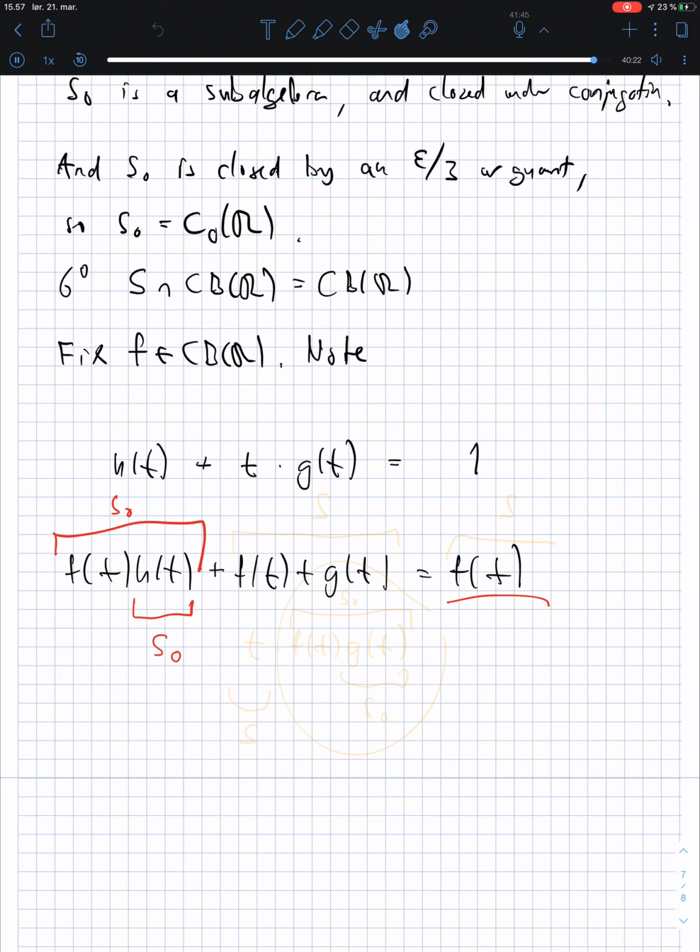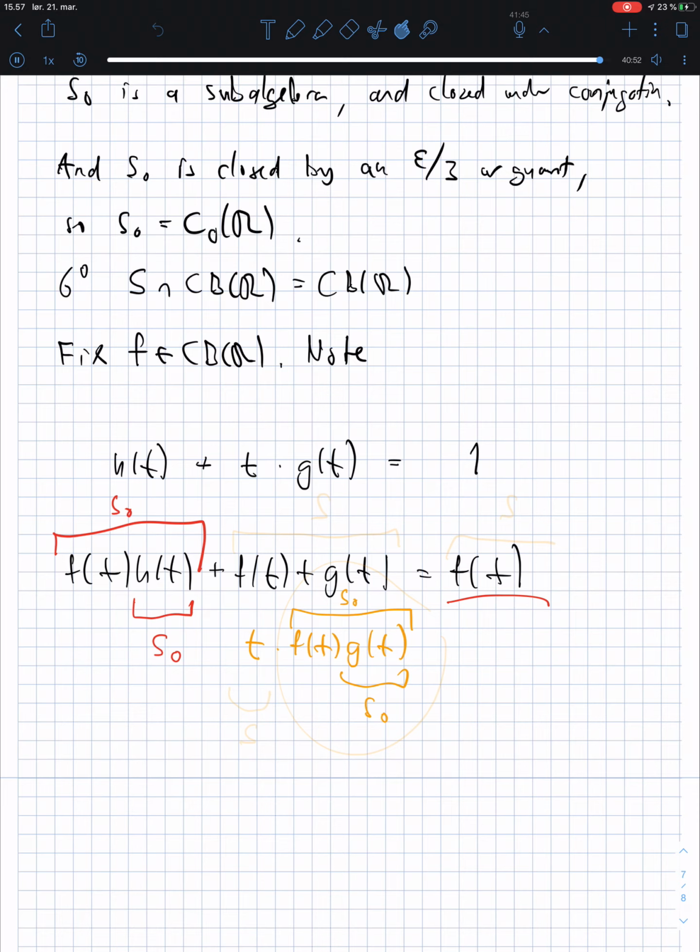So I want to do something similar in this term here, right? But I need to be really careful because it is not true that this product lies in S naught. Right? So I have to be really careful. I'll write it as t times f of t times g of t. Right? So g of t is in S naught. And then so is f of t times g of t.